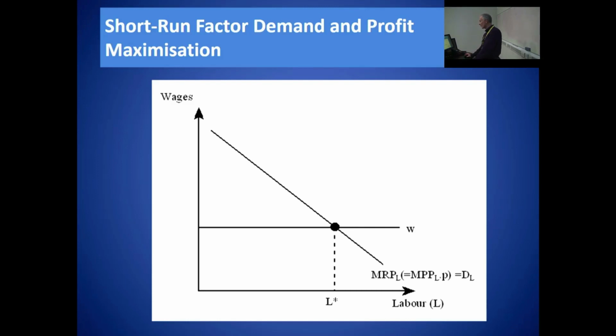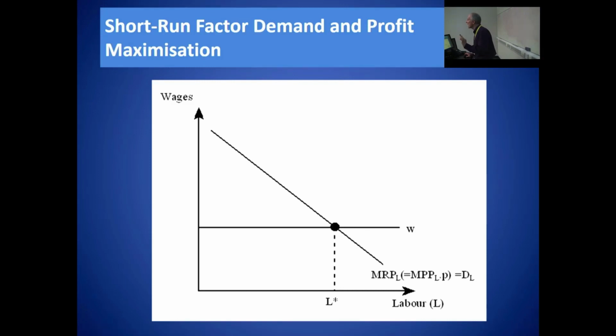So anywhere below L star, the cost of employing a worker is less than the value of output. Therefore, it's profitable to employ these workers. And that is exactly what the firm will do. That takes us all the way up to L star, and anywhere to the right of L star, the cost of employing an extra worker is still the fixed wage rate.